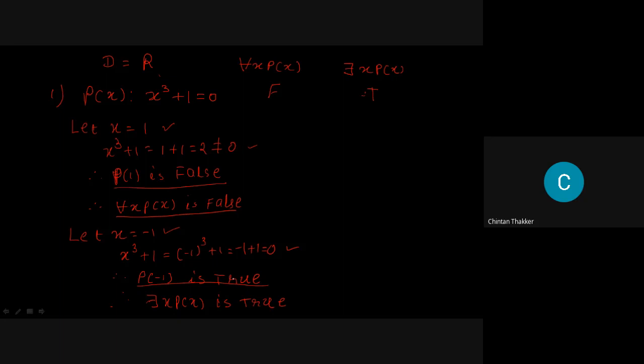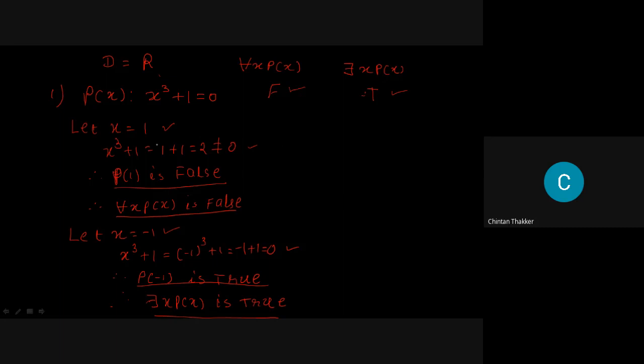So if we get a witness, then there exists x p(x) is true. So that's why here I am writing t. We have to write these two values in the chat box: f and t, the values of for all x p(x) and there exists x p(x).